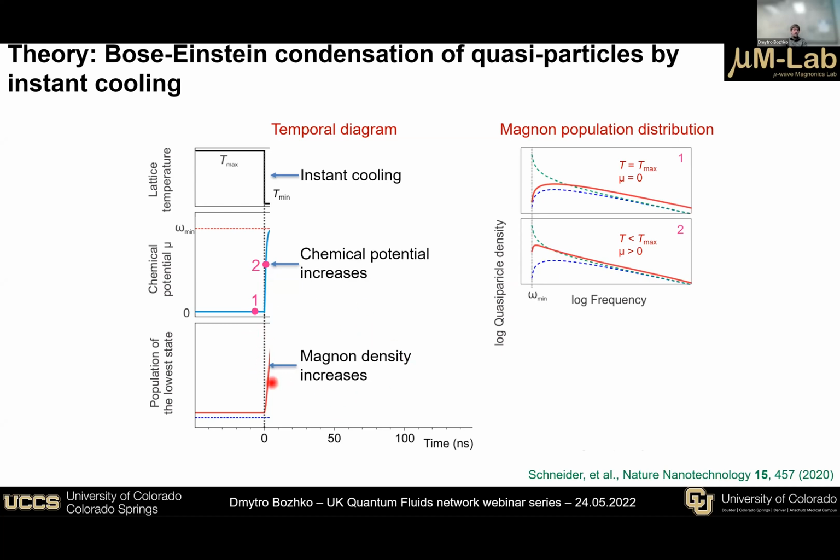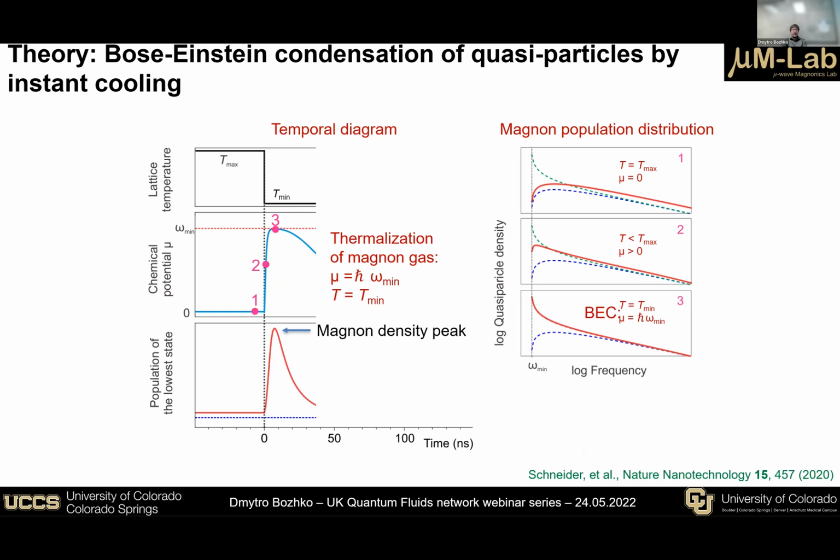Then, well, the magnon density increases, and at some point it forms a peak. And this peak appears exactly when the thermalization happens, when the chemical potential touches the frequency of the bottom. This is the formation of the magnon Bose-Einstein condensate.